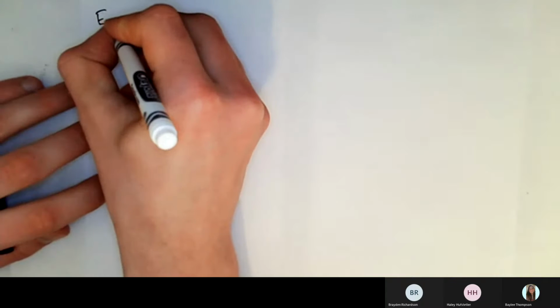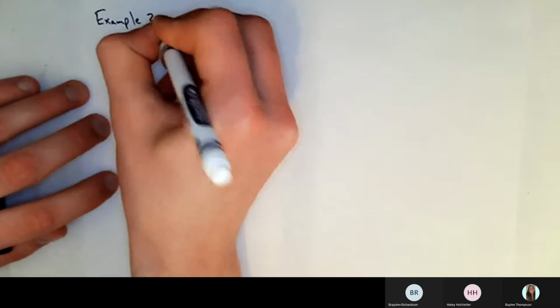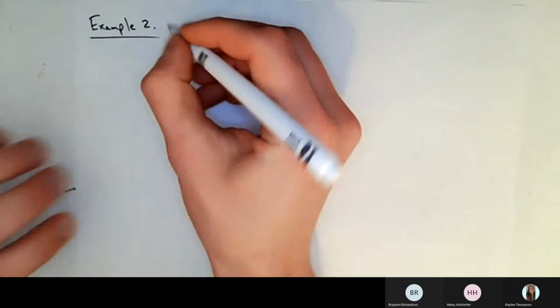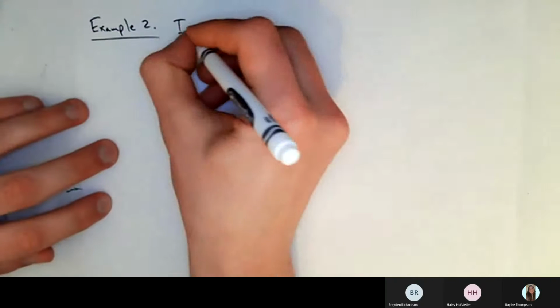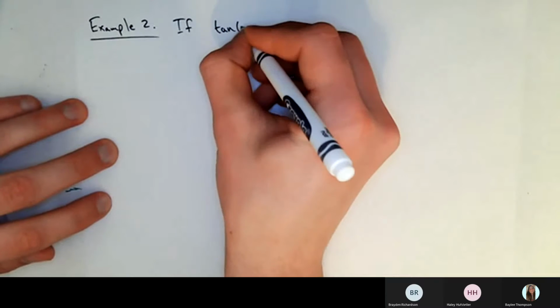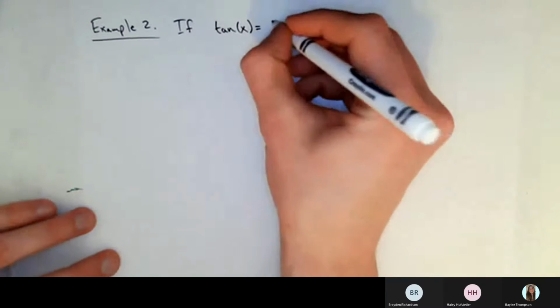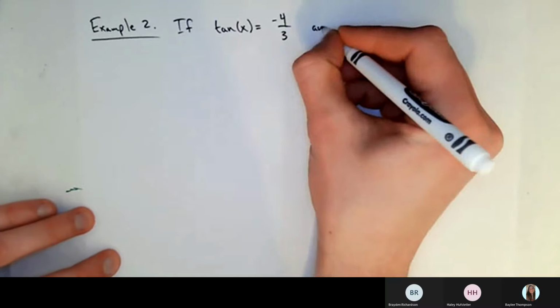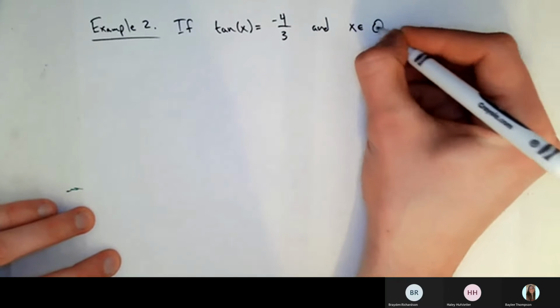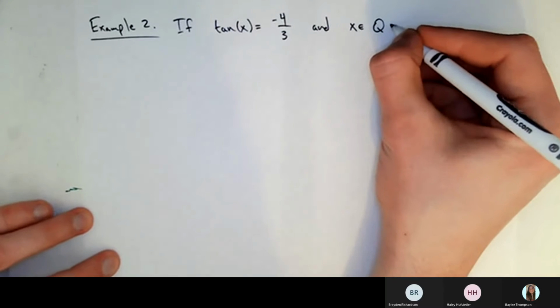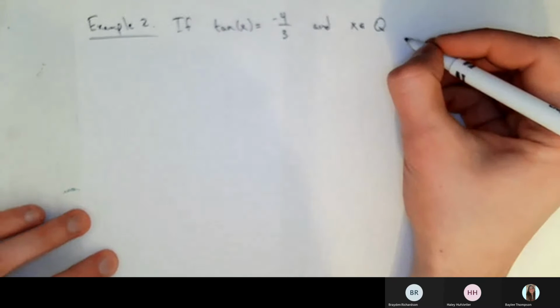All right, example 2. Let's do a similar one. So if tangent of x is equal to -4/3, and x is in quadrant 2.